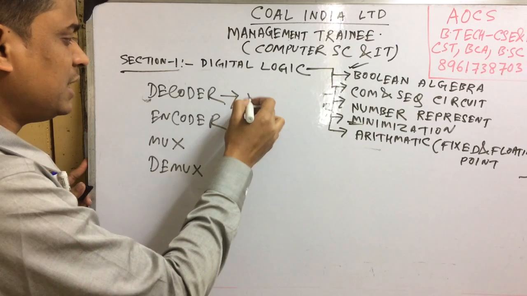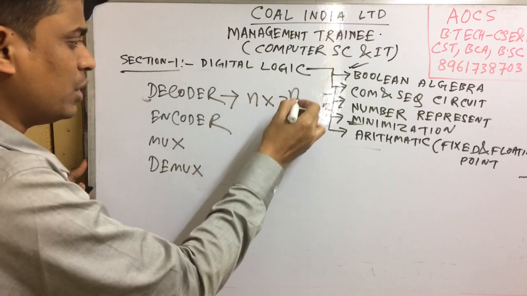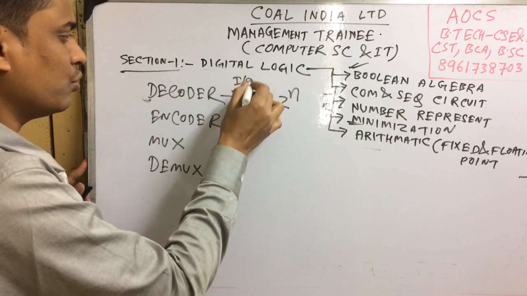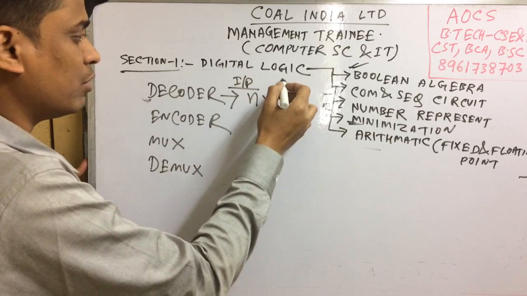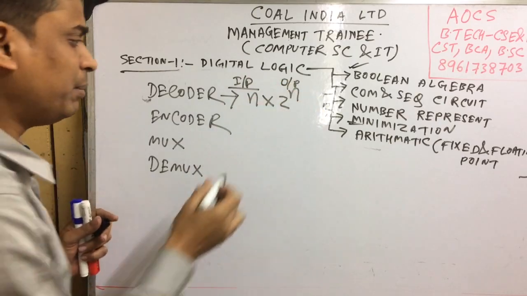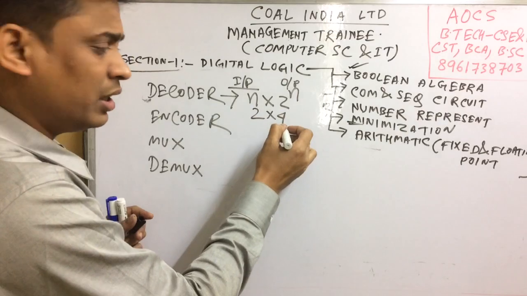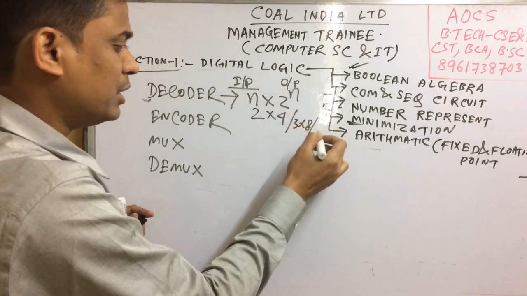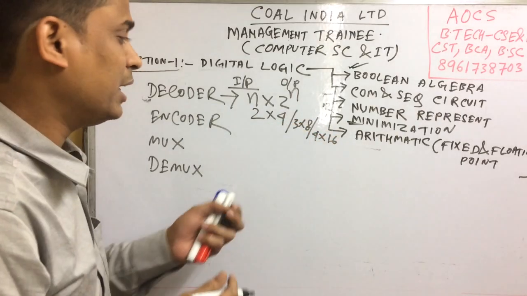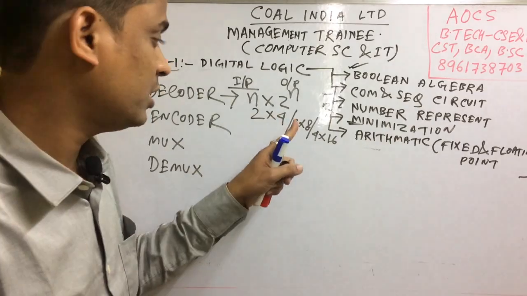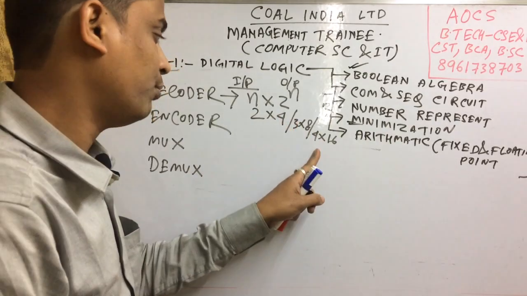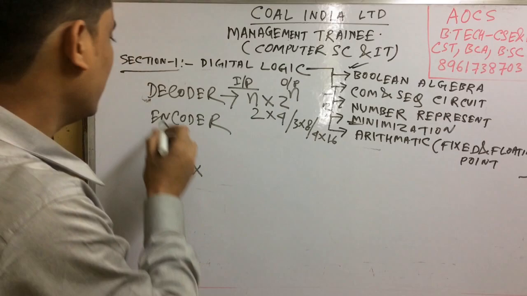In a decoder there are n inputs and it produces 2 to the power n outputs. For example, if the input is 2 the output will be 4, if the input is 3 the output will be 8, if the input is 4 the output will be 16.